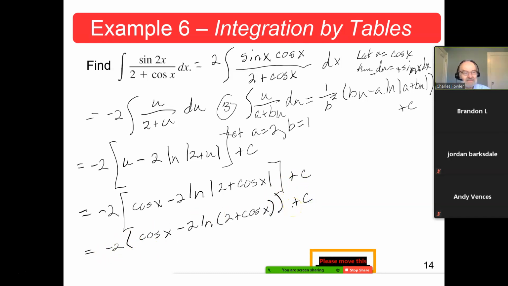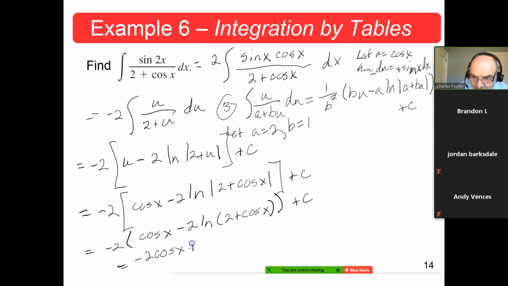All right, let's see how the book did. They distribute the minus 2 in, so let's do that. This will be equal to minus 2 cosine x plus 4 times the log of 2 plus cosine x plus c.